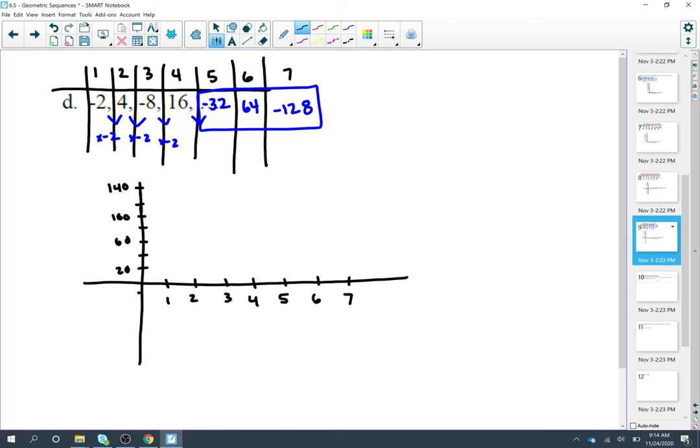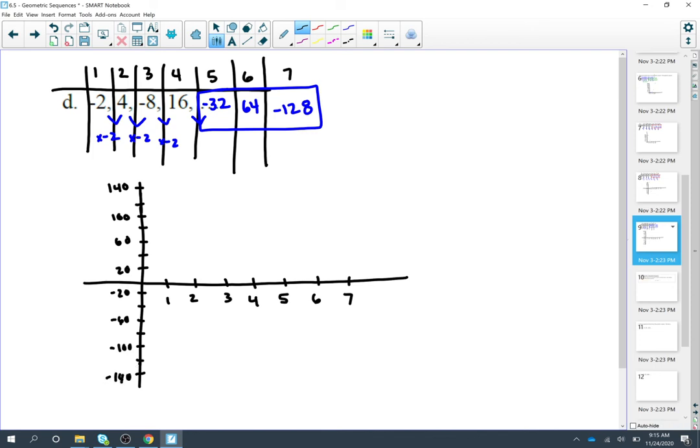And then same thing below: negative 20, negative 40, negative 60, negative 80, negative 100, negative 120, negative 140.